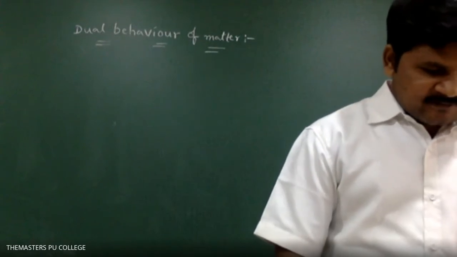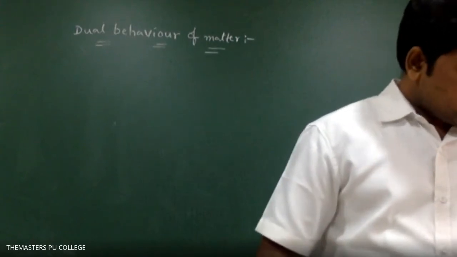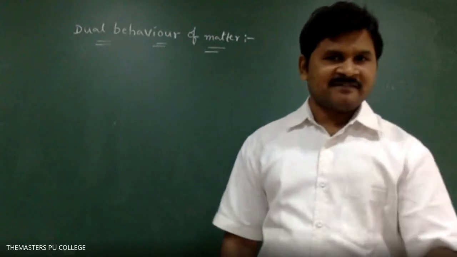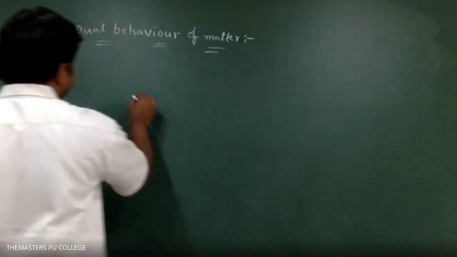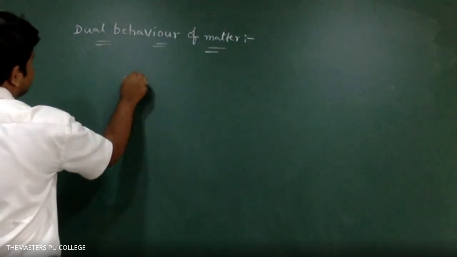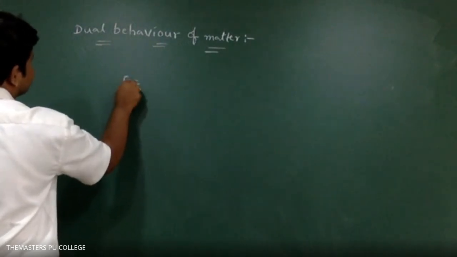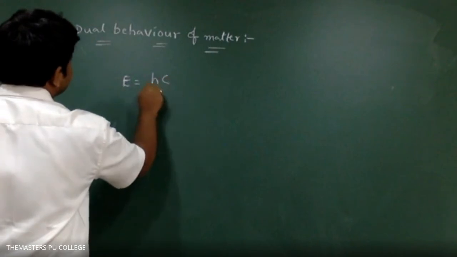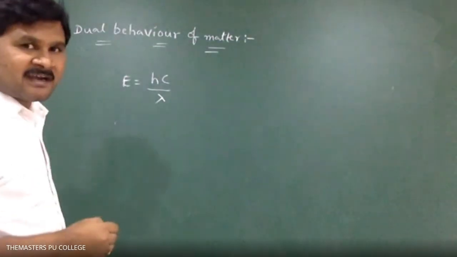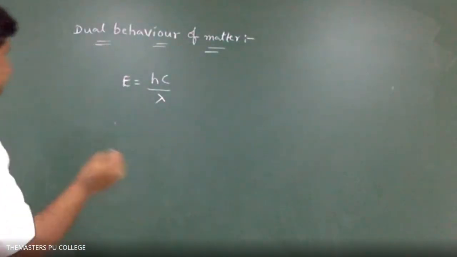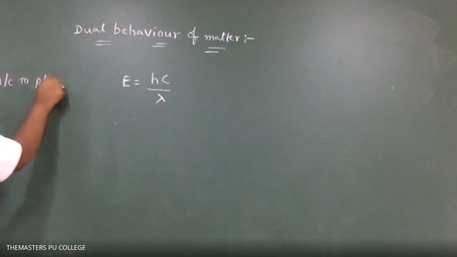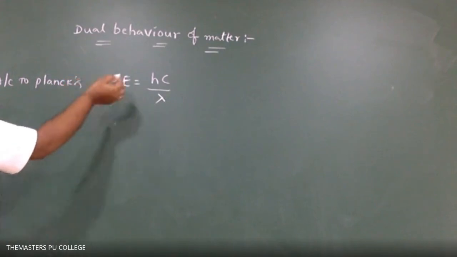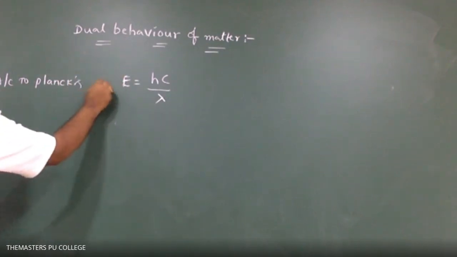According to Planck's quantum theory, one small derivation is there. Please remember, don't write, I will give notes. According to Planck's, E is equal to hc by lambda.